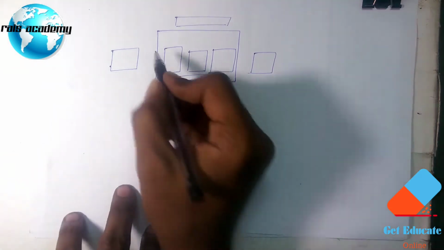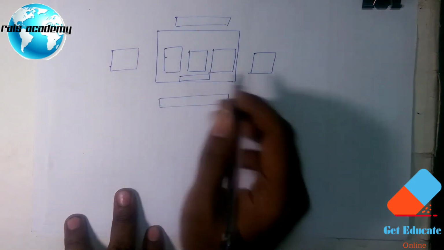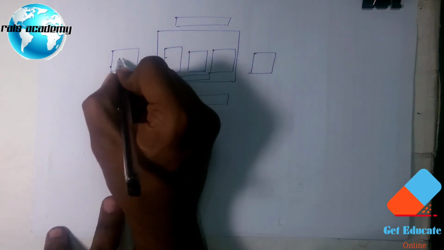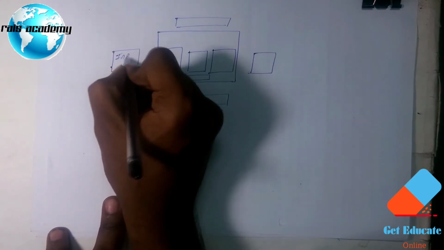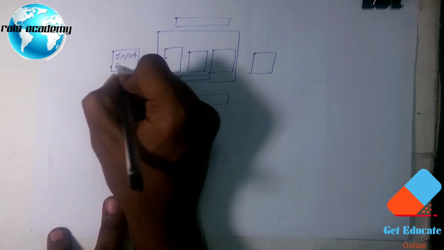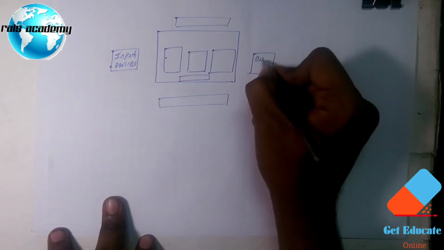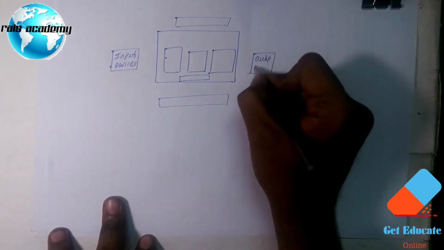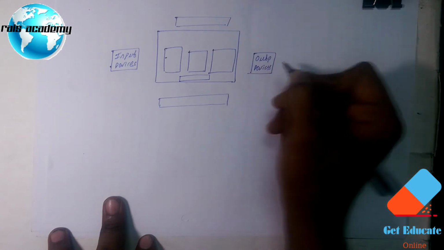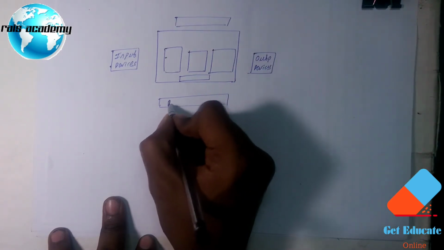So this is our PLC block diagram, where this is known as input devices or field devices. This is output devices or field devices. This is power supply.